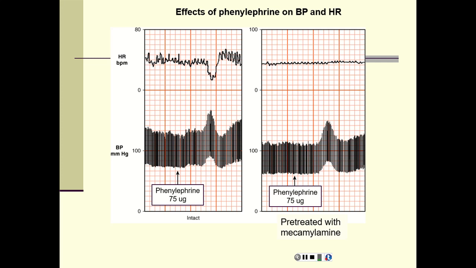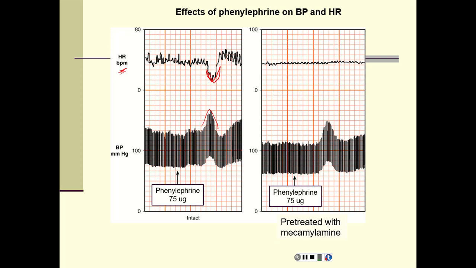And just lagging behind this increase in blood pressure, this tracing up above is an overall tracing of heart rate. So they've got a machine that counts the pulses, and it draws a line that indicates what it thinks the heart rate is at any one given time. And lagging just behind this increase in blood pressure right here, we see a decrease in heart rate. So the question is, is that the drug effect or a reflex effect?